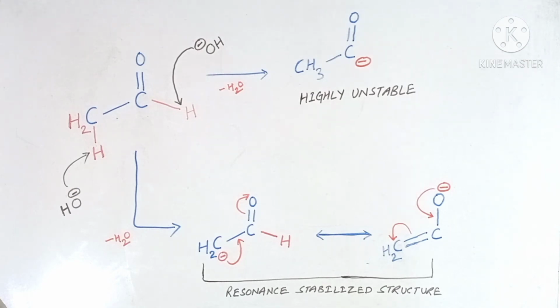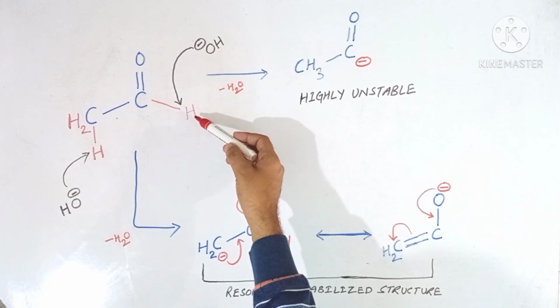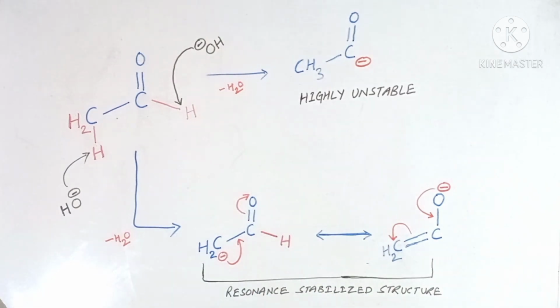Due to this instability, if any nucleophile tries to take out this proton, this carbon does not allow it to do so. That's why this proton becomes very less acidic.